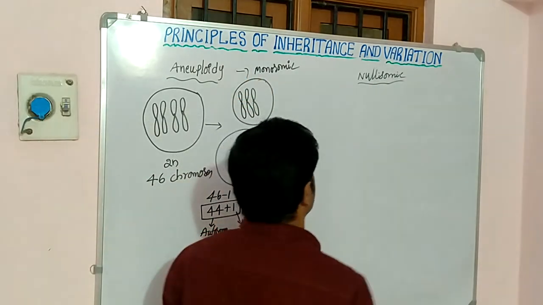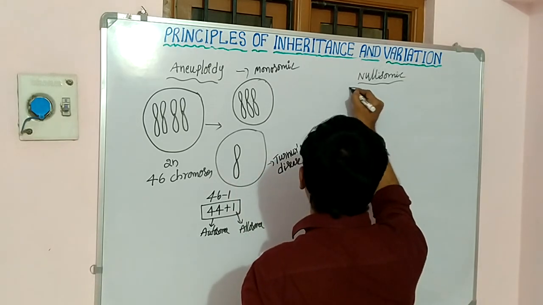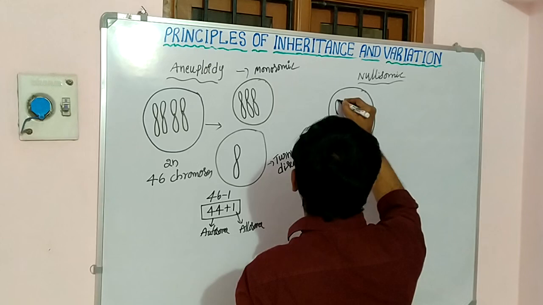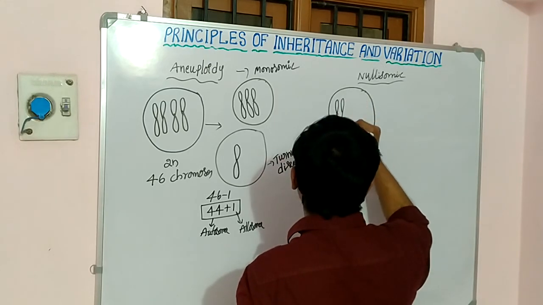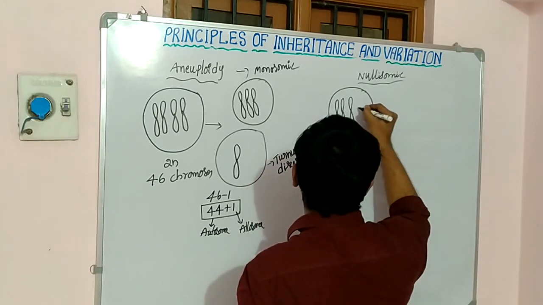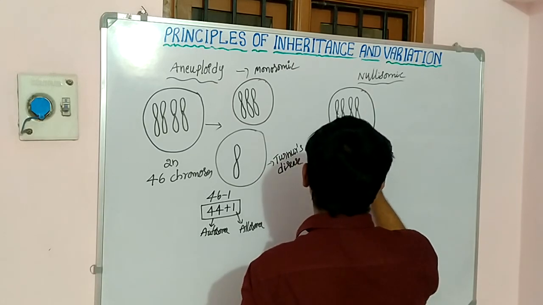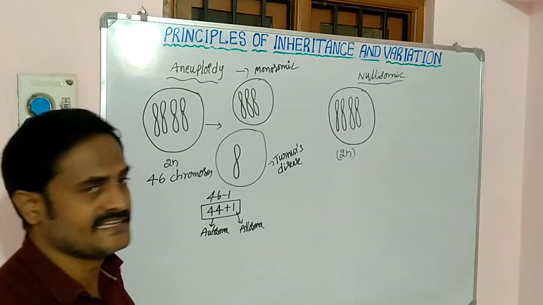See, nullisomic means, here also this is the diploid cell. It consists of 46 chromosomes. So it is a diploid cell, in the 2n condition.